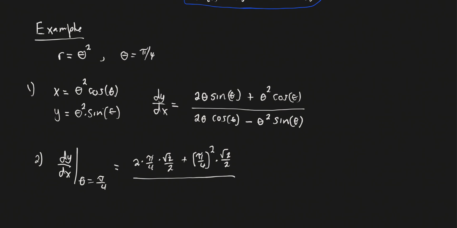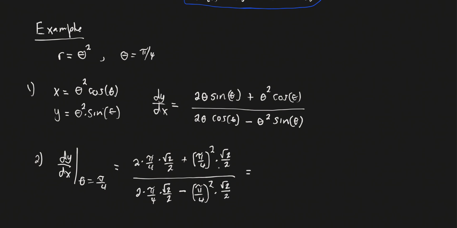The reason I say that is because, even though the cosine and sine functions are switched compared to the numerator, the value of those are the same, root 2 over 2, and then we'll have the negative sign there. So you can almost copy and paste, but then you have to change one of the operators here. So this is then minus, and then we have the quantity pi over 4 squared times root 2 over 2.